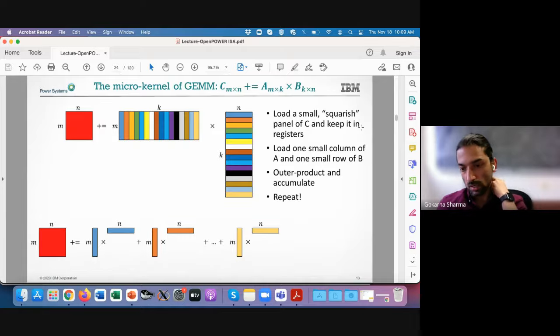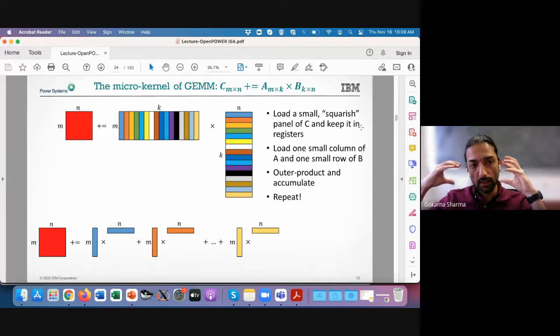So load is small. So how does it work? The microkernel. Why do we call it a microkernel? Because at the bottom level, that's how the computation is done. Okay, so in matrix multiplication, the matrix may be very, very big, but when you write the function on how you multiply, at the bottom level, this is how it works.